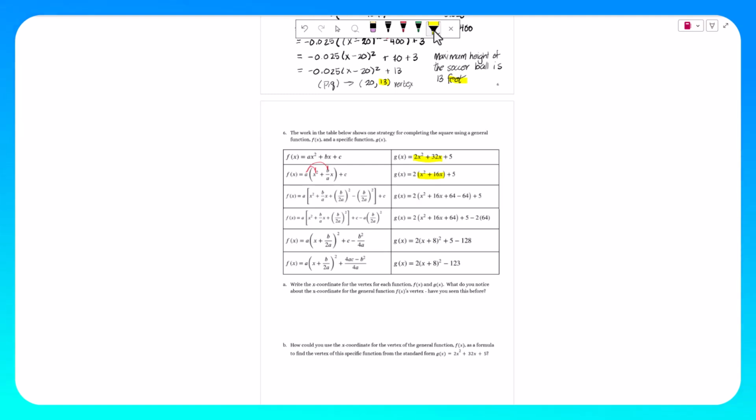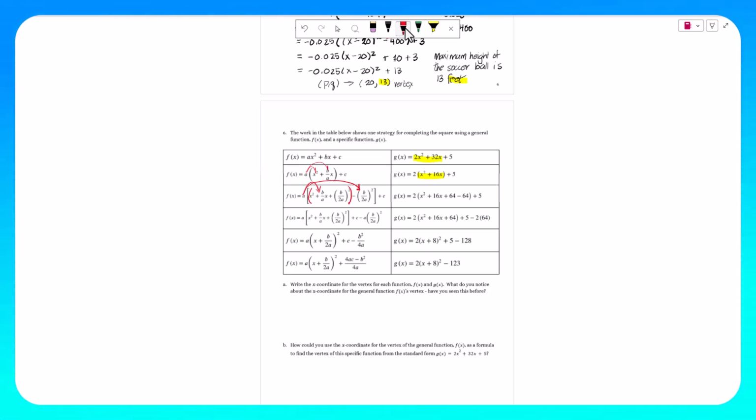And then we went ahead and notice that theirs is a little different. They have distributed the a through this term and then this term.